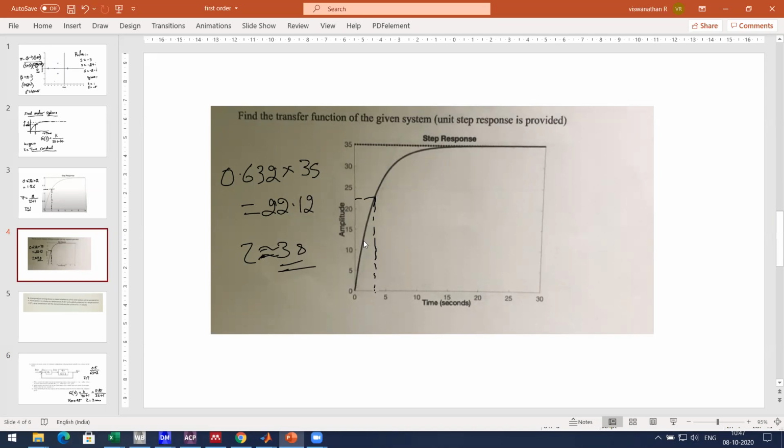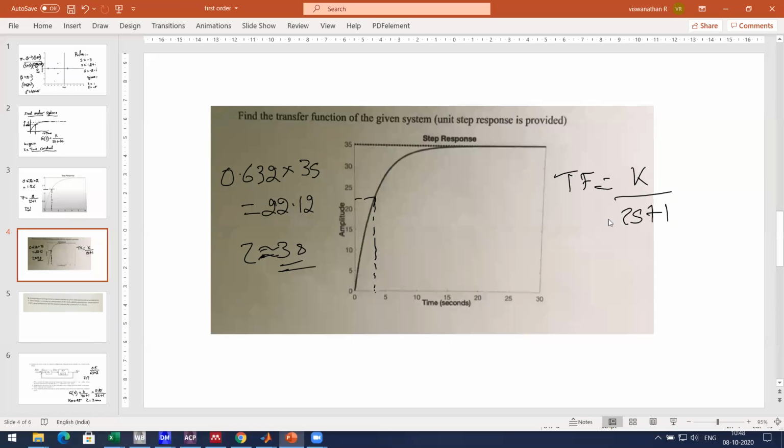For some system, say you're getting such a step response. I'm talking about step response. When you get such a response, how do you write the transfer function? When that situation arises, you can directly use the form K divided by tau s plus 1.